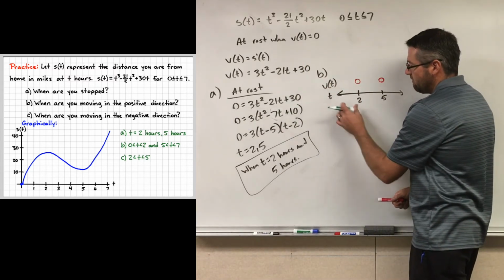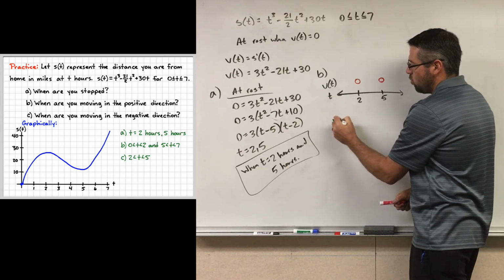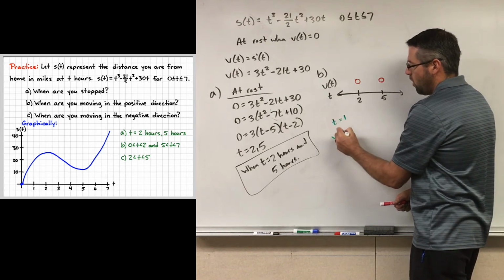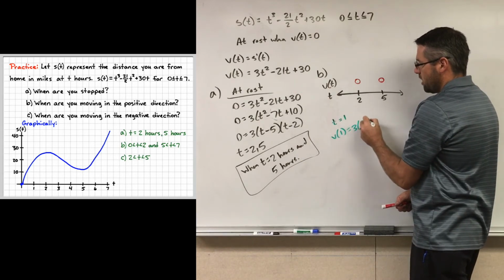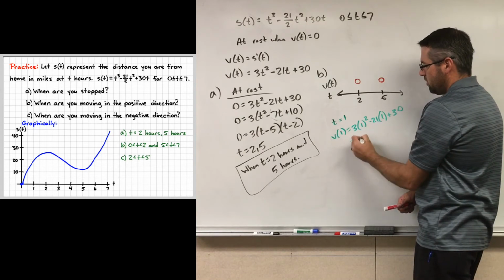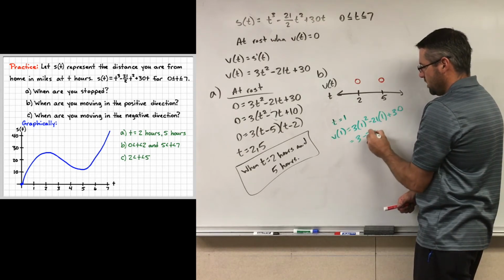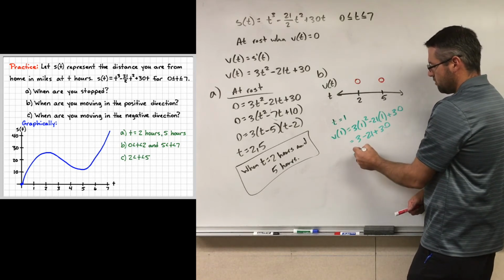I pick a time to the left of 2. So let's say when t equals 1. I'm going to figure out what v of 1 is. Well, v of 1 is 3 times 1 squared minus 21 times 1 plus 30. That's equal to 3 minus 21 plus 30, which is 12.